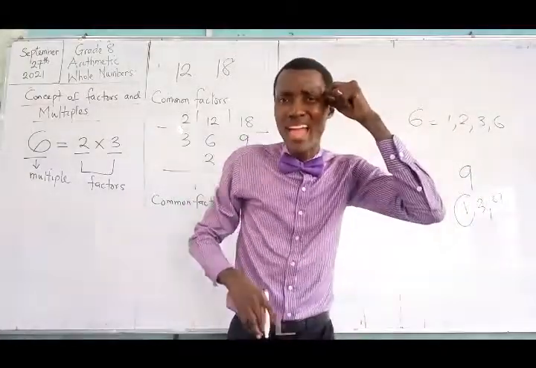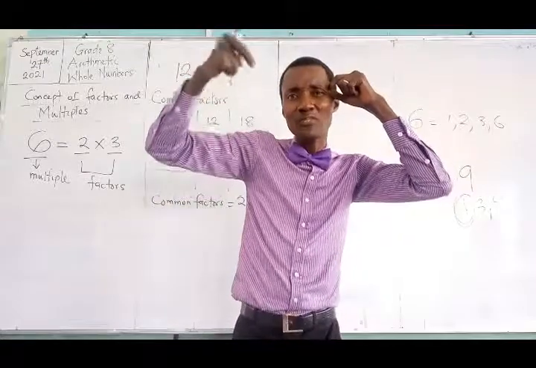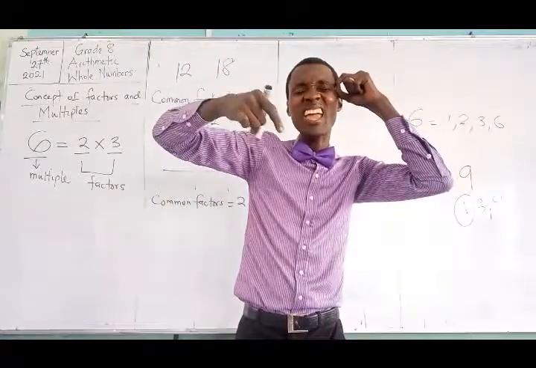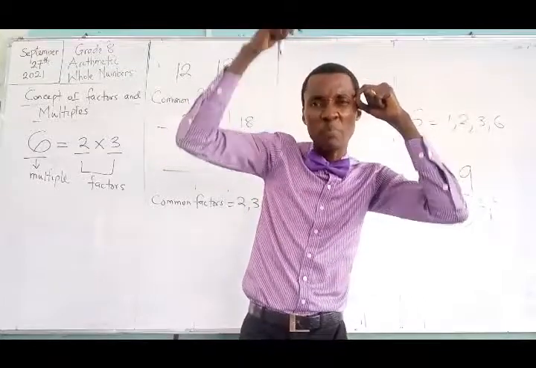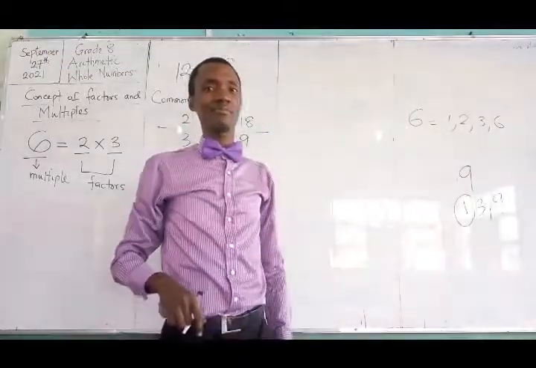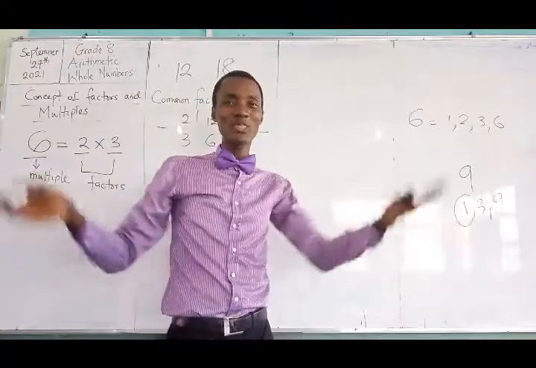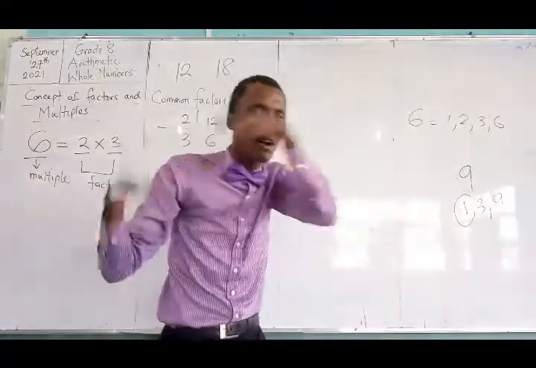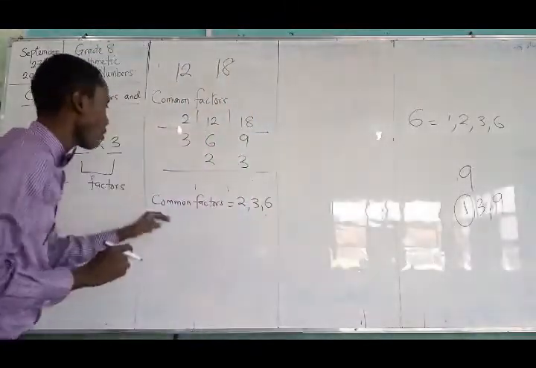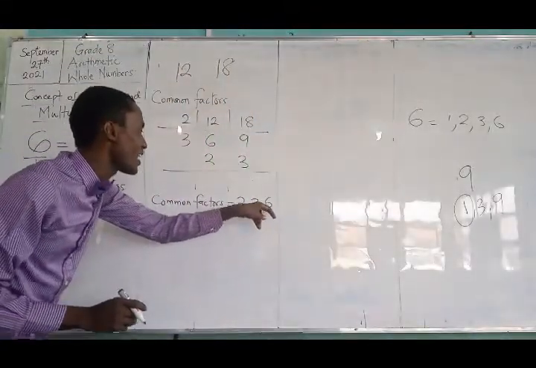So let that lock in. Every number has a very important factor, and that number is itself. It must be present. You know all this, but I'm just trying to give you little things. So common factors will be 2, 3 and 6.